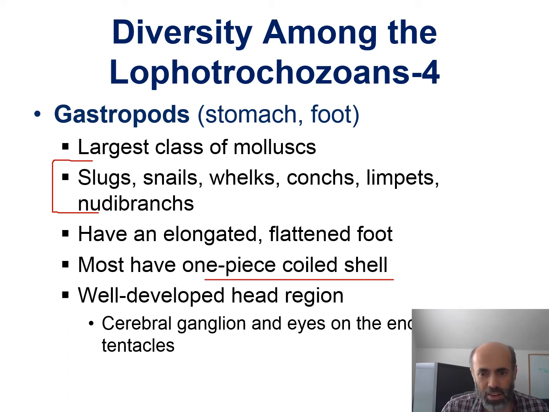Their head region is very well developed. They have some form of a nervous system as well. Gastropods mean stomach foot, so stomach foot organisms are these examples: slugs, snails and conchs.